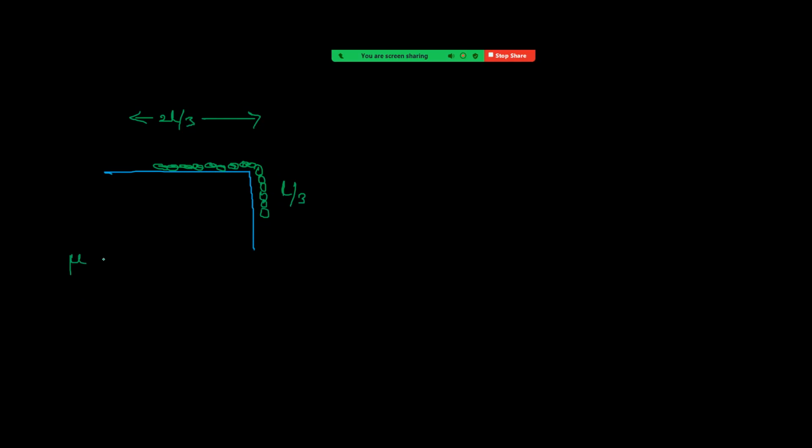The friction is mu into mass, which will be 2 by 3 m, so mu mg. This is now limiting friction because the chain is about to slide off on its own.